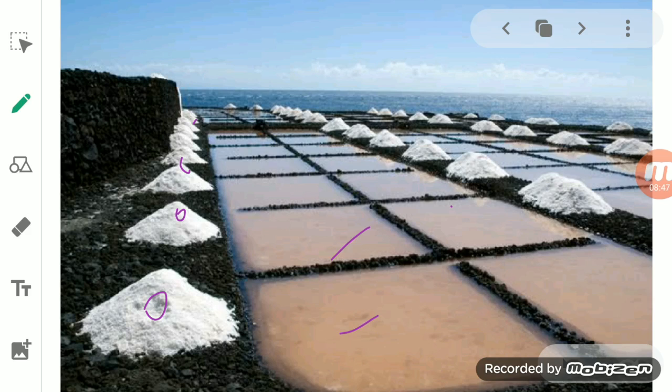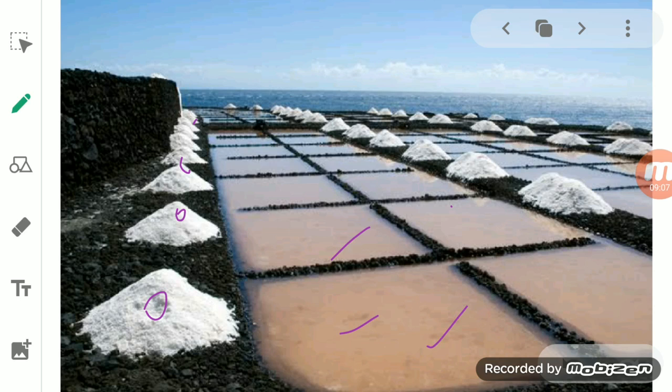So you see here there is some partition, you can say a dig, in which the water is stored, and this water is exposed to sunlight.